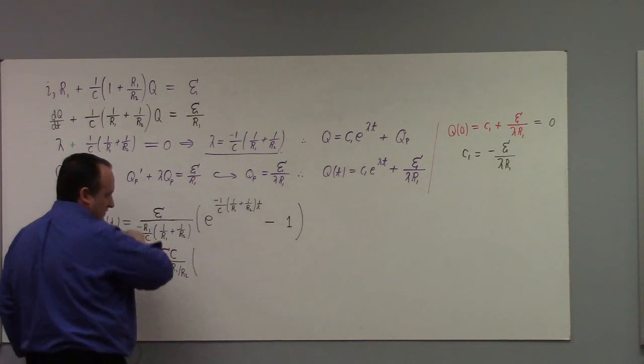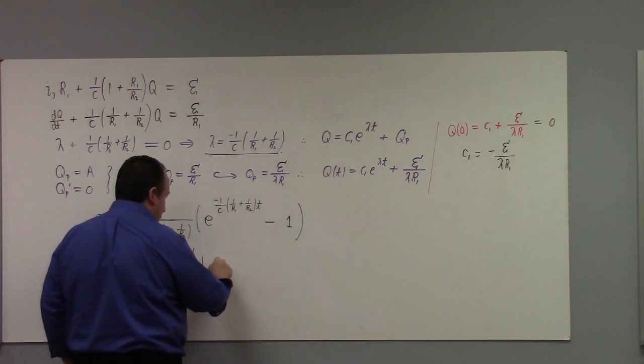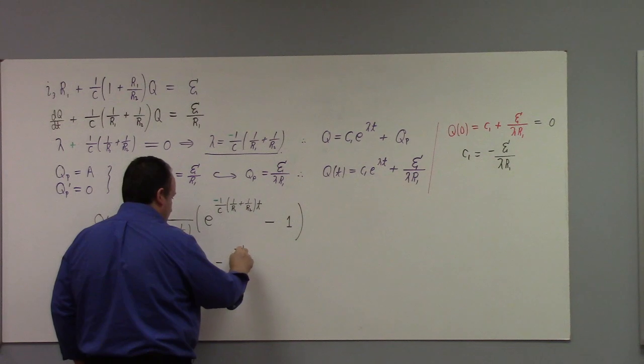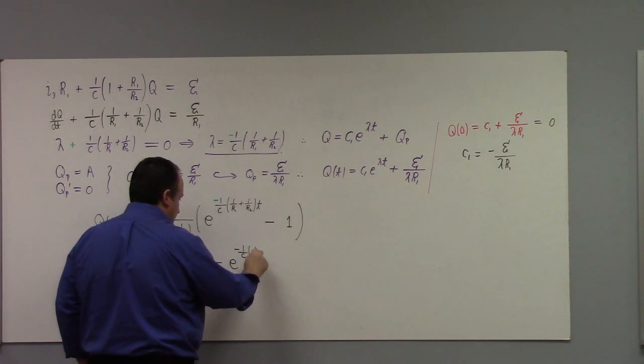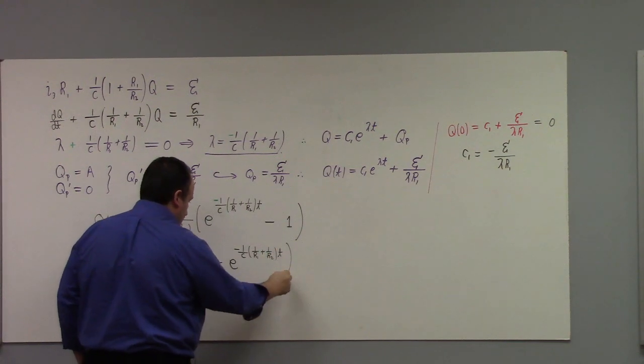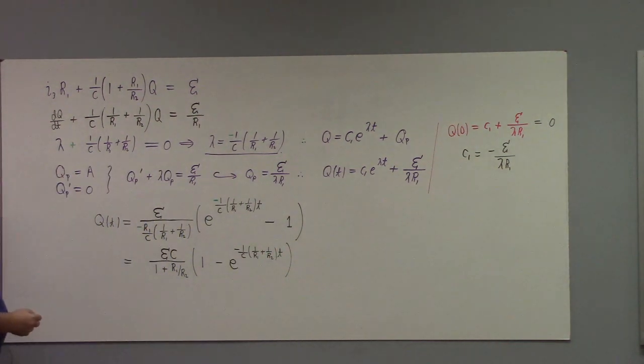I put the minus through here, so I get a 1 minus E to the minus 1 over C times the sum of the reciprocals times T. So there we go. That's the charge on the capacitor as a function of time, if you believe me.